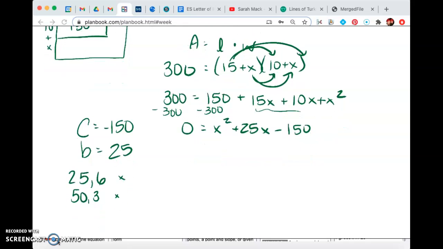There we go. So it needs to multiply to negative 150, right? So either it would be negative 15, positive 10, or positive 15 and negative 10.